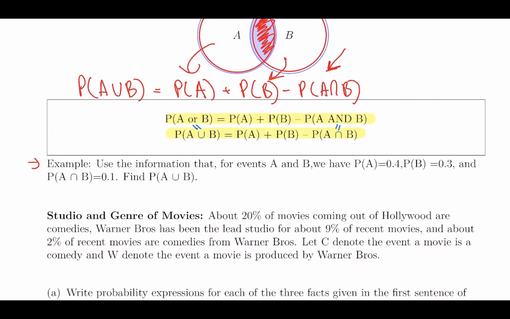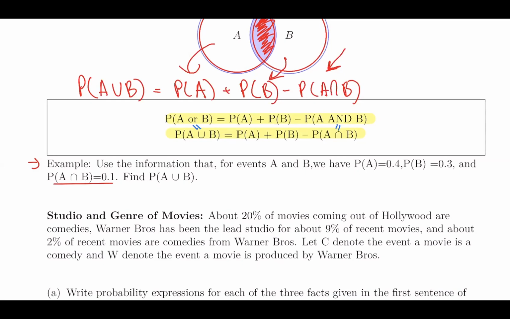A good and easy way to know that these events are not mutually exclusive is that they gave us the probability of both events occurring at the same time. Since we know both events could occur at the same time, that tells you that these two events are not mutually exclusive.